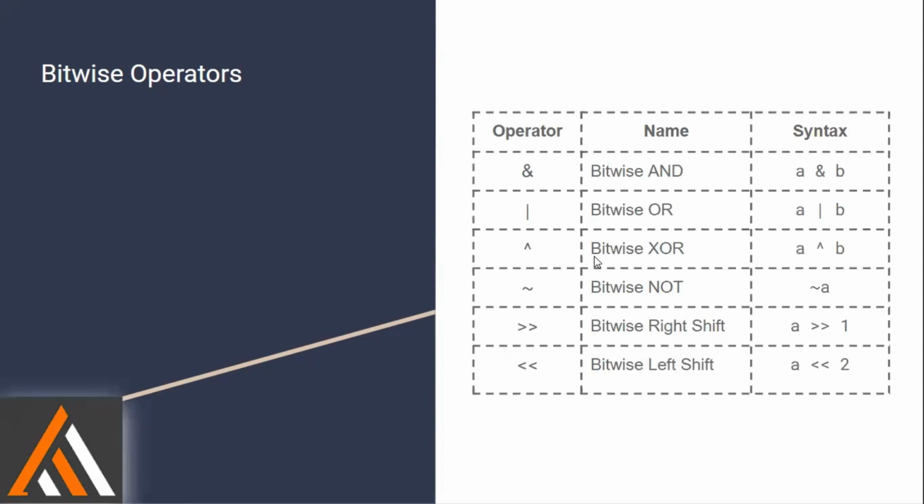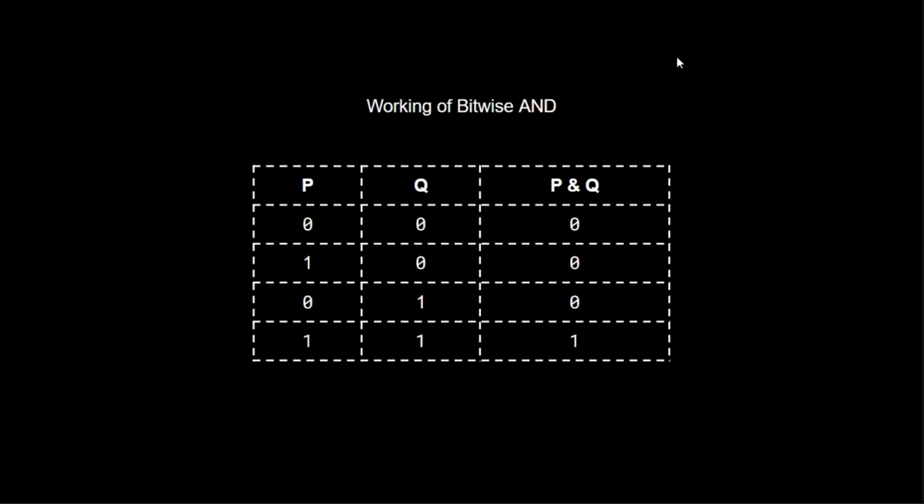There are bitwise AND, OR, XOR, NOT, right shift and left shift operators, which help us perform operations on bits of an operand.